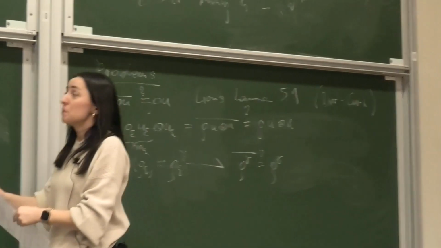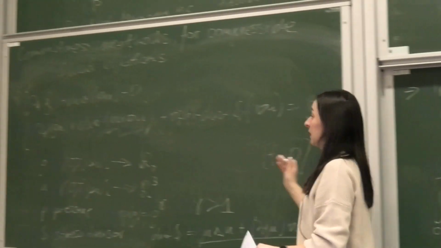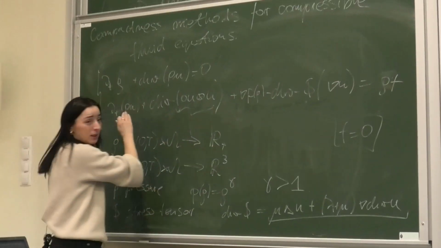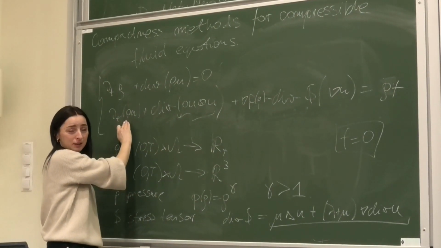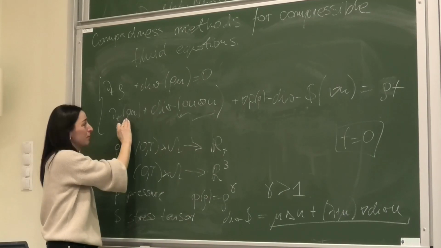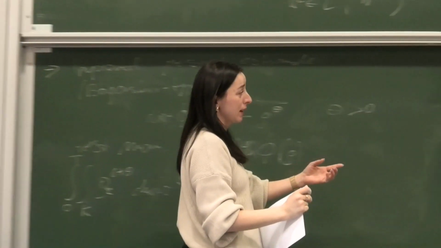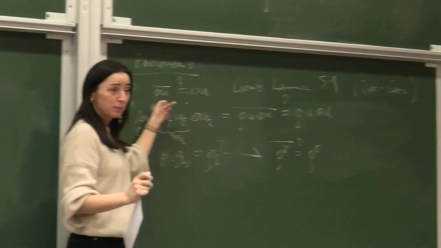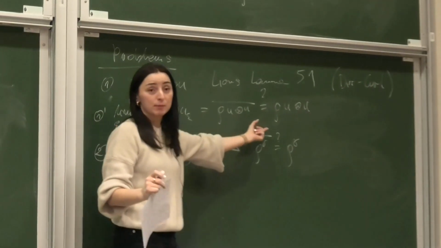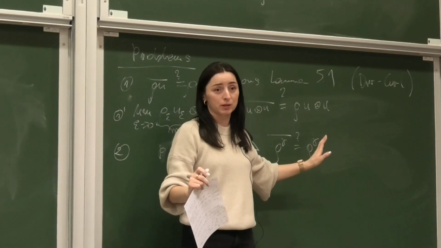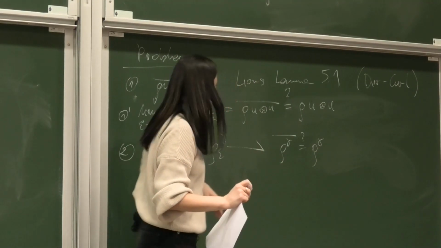I go back to my momentum equation, put everything on the right-hand side, and use my a priori estimates to get a very similar negative Sobolev space bound for the momentum. And now I treat my momentum like I treated the density in the previous step, and I identify this limit like that. Again, the same argument works. But you have to do it step by step.